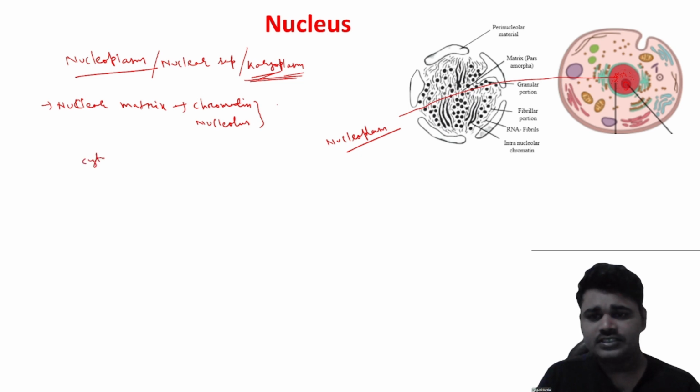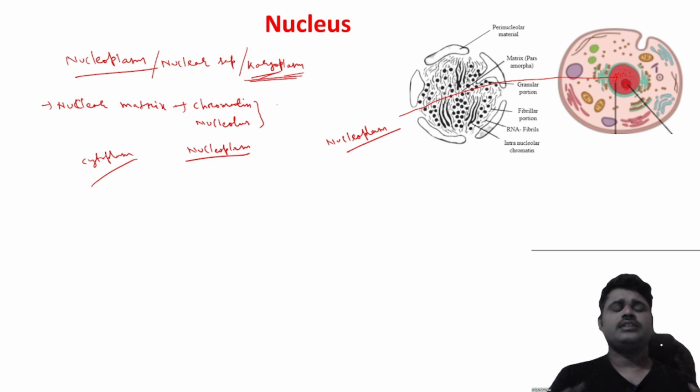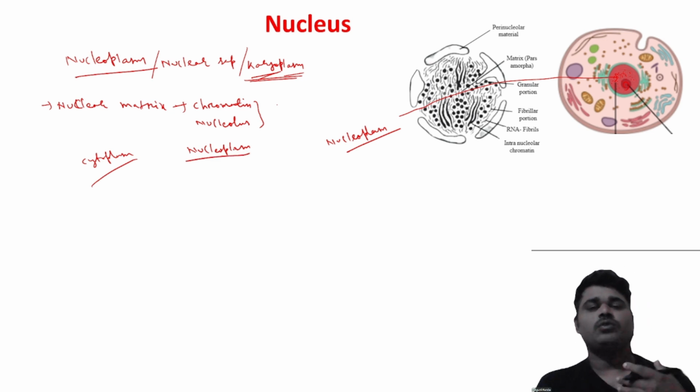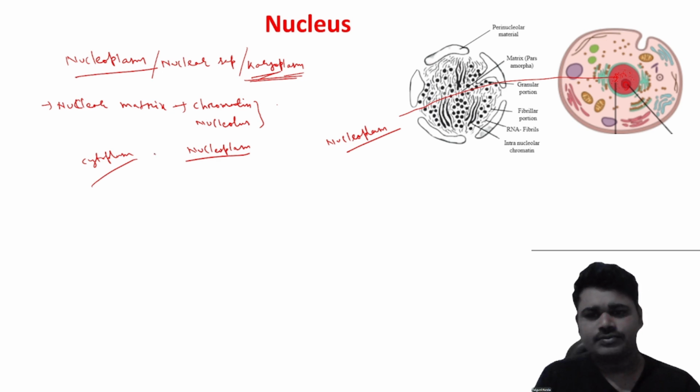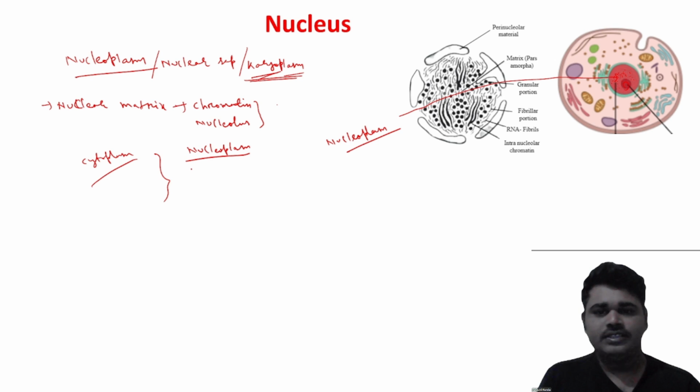The cytoplasm and the nucleoplasm both contain mostly watery substances, but besides that, the nucleoplasm contains chromatin.